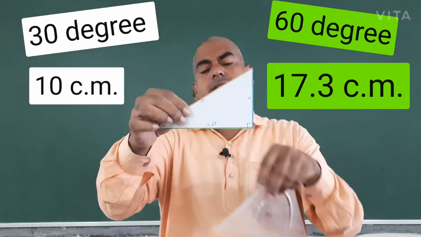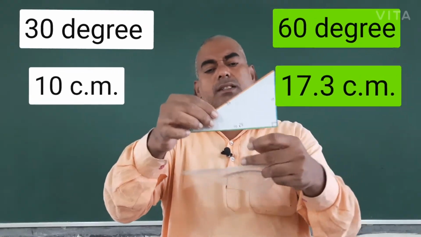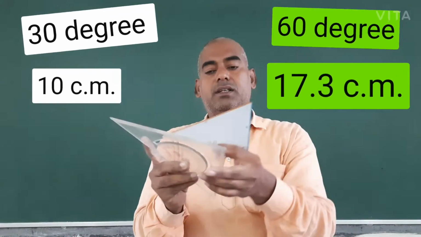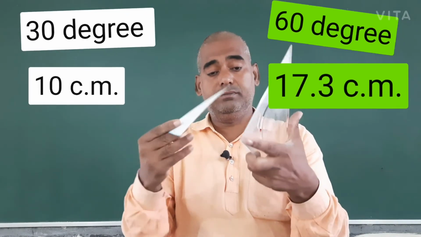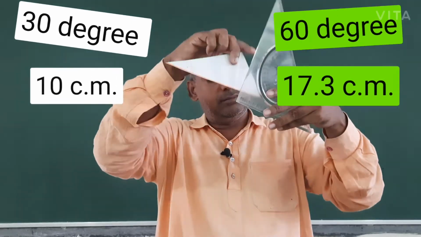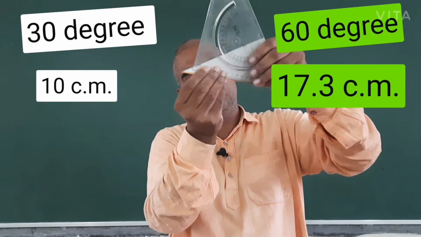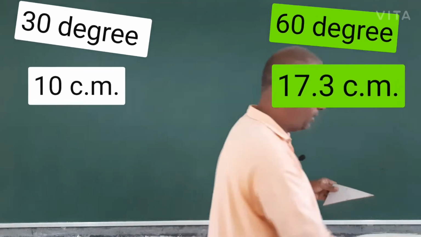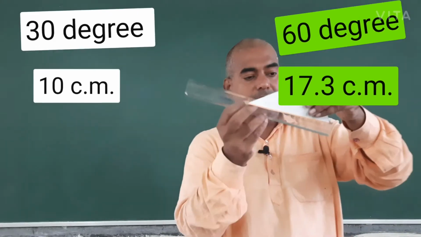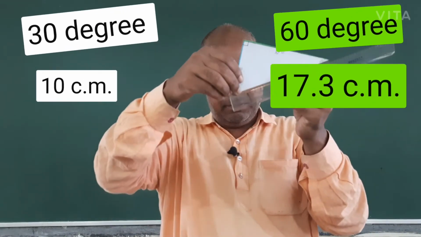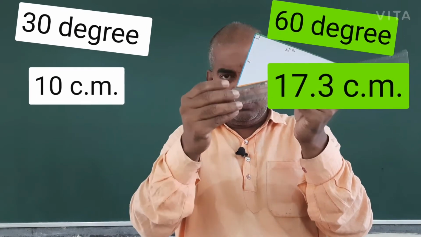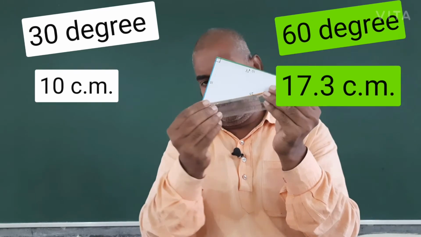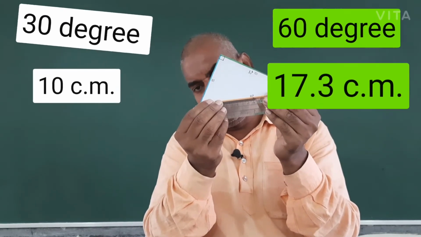So what about this? Let me check. It cannot be measured because it is 18 here and it is more than that. Because the corners are torn off, for the actual measurement.